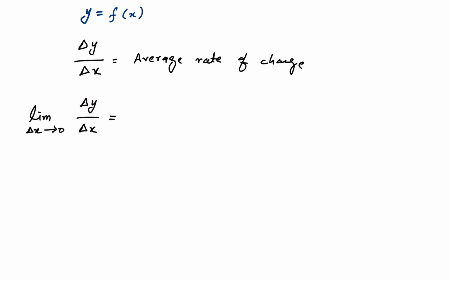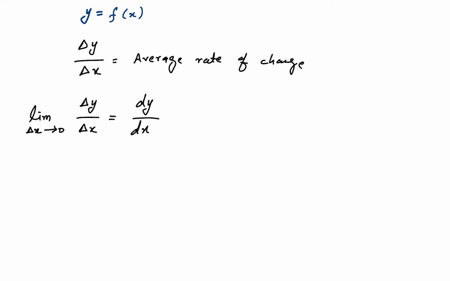So what does this actually mean? This dy means a small change in y with respect to a small change in x. This is called the derivative of the function, so derivative is actually the name of change.